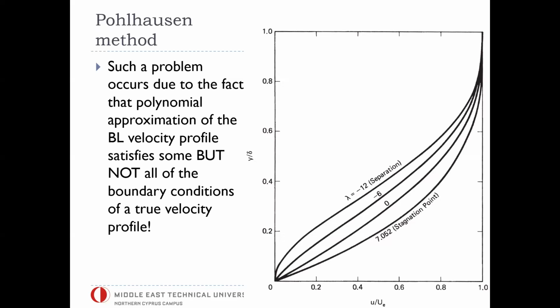Then we said, okay, let's forget about that, let's use a polynomial. But is this the best choice? Probably not. In fact, that approximation of the boundary layer as a polynomial satisfies some but not all of the boundary conditions of a real velocity profile. So we have to be careful about our lambda limits.